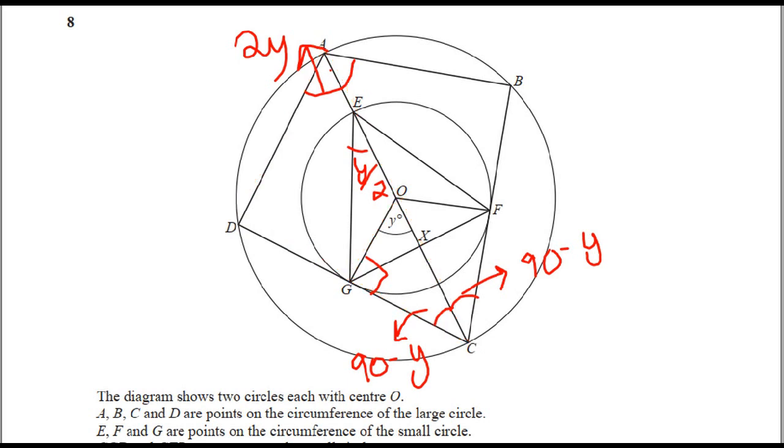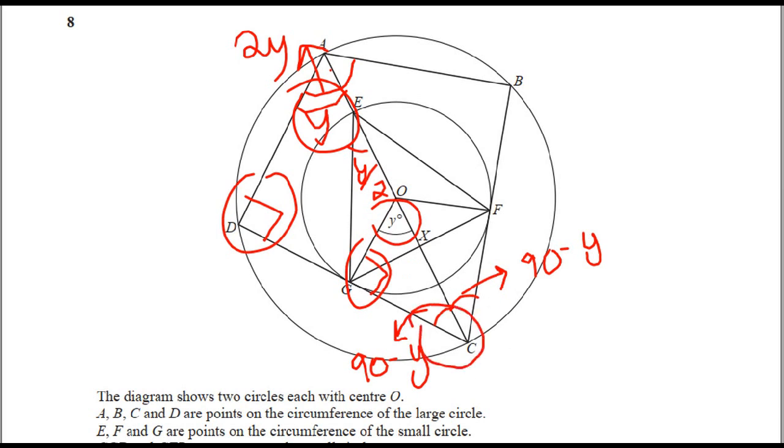In triangle OGC we have an angle Y, an angle 90 degrees, and an angle 90 minus Y. In triangle DAB we do have an angle Y, and also this is 90. Since two angles are equal, and the third angle is shared between the two triangles, it's the same as well.